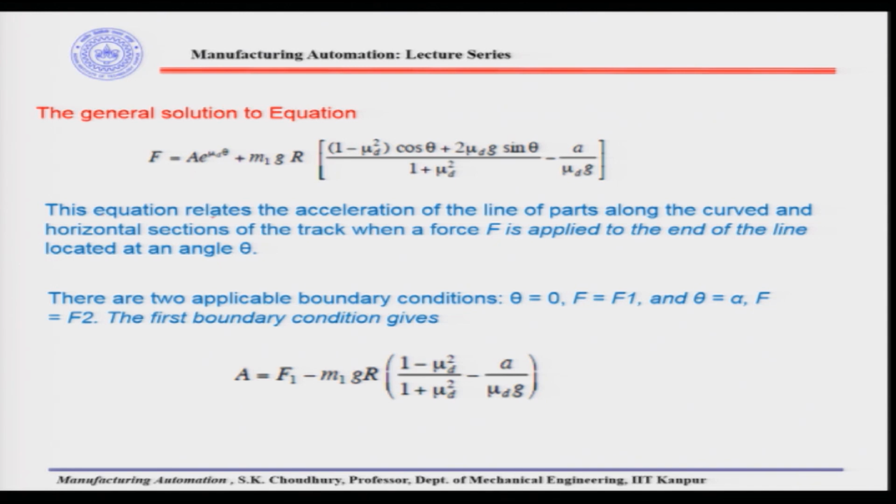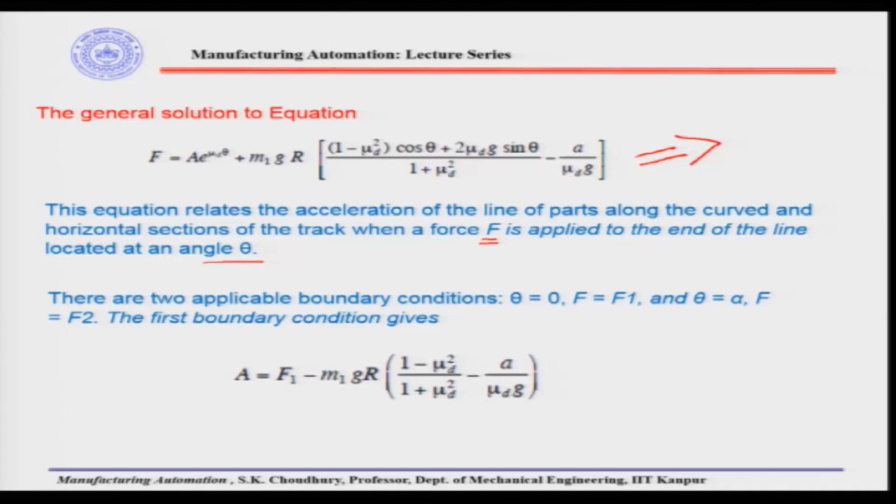So, this equation relates the acceleration of the line of parts along the curved and horizontal sections of the track when a force F is applied to the end of the line located at an angle of theta. Now, for us this is not so important, what is important is the final solution that we will be getting, what are the components that will be involved in that.